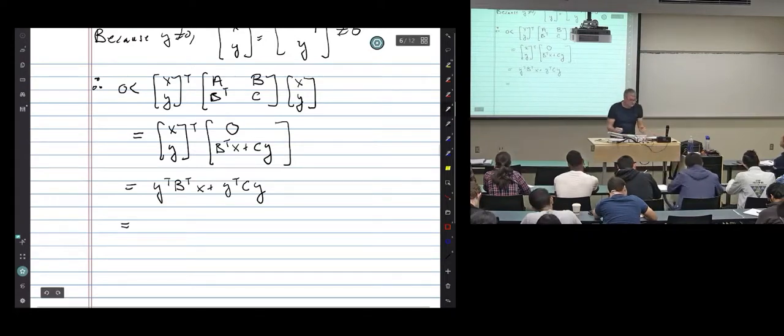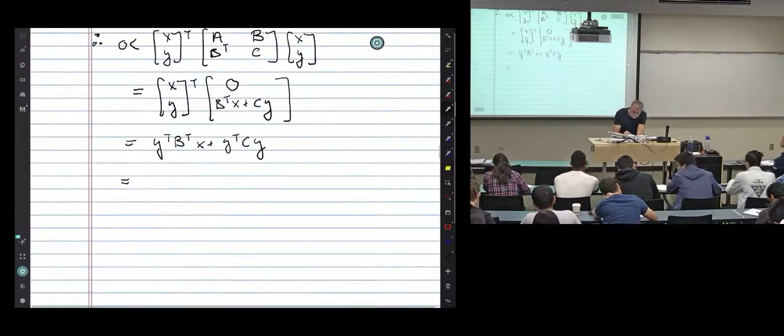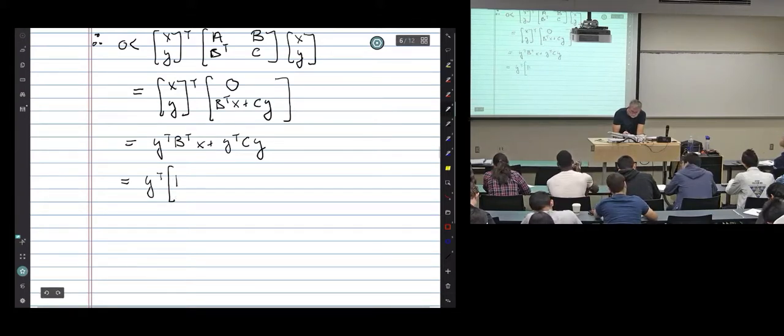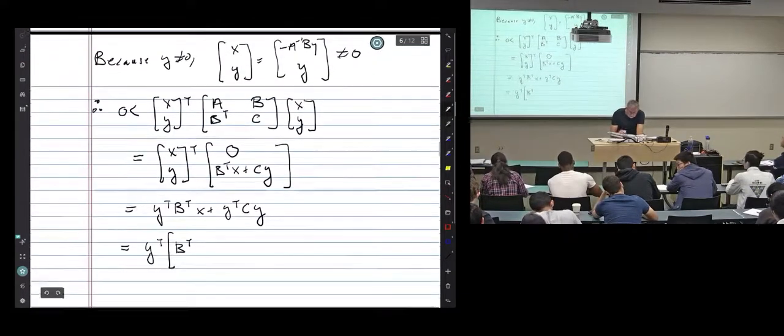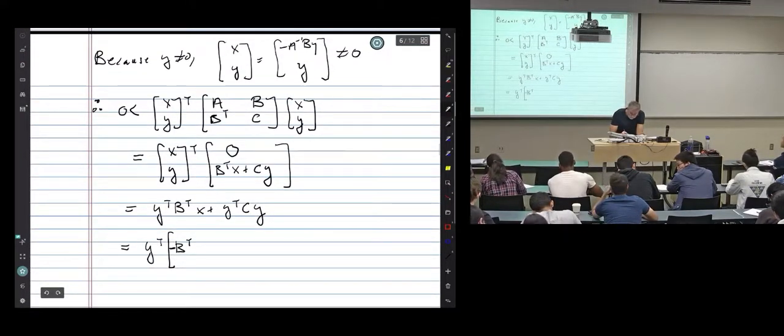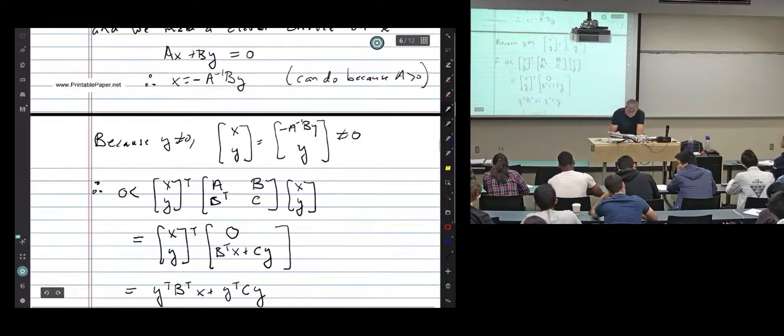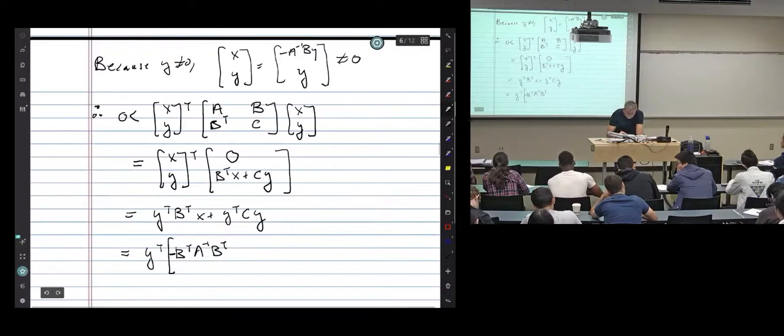Now all I'm going to do is substitute in for x. So I have y transpose here, I have b transpose, and then x was minus a inverse b transpose times y, plus c times y.